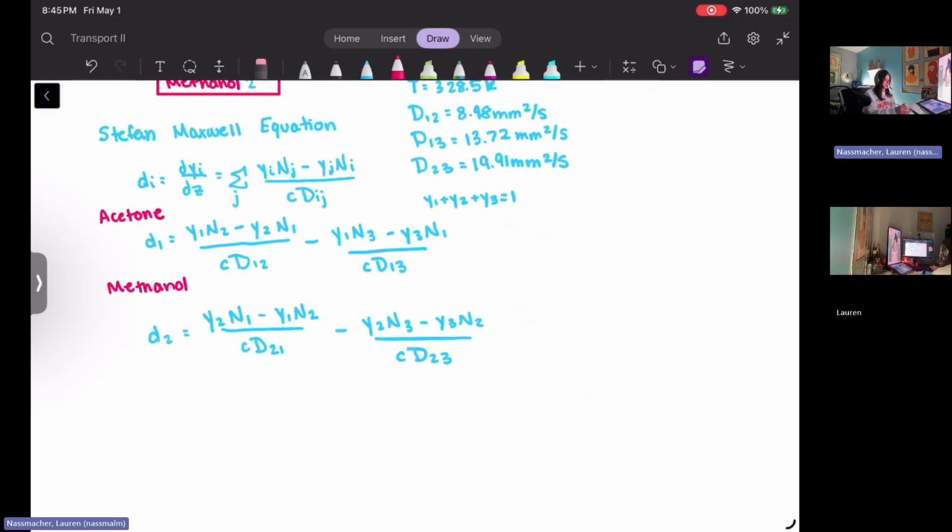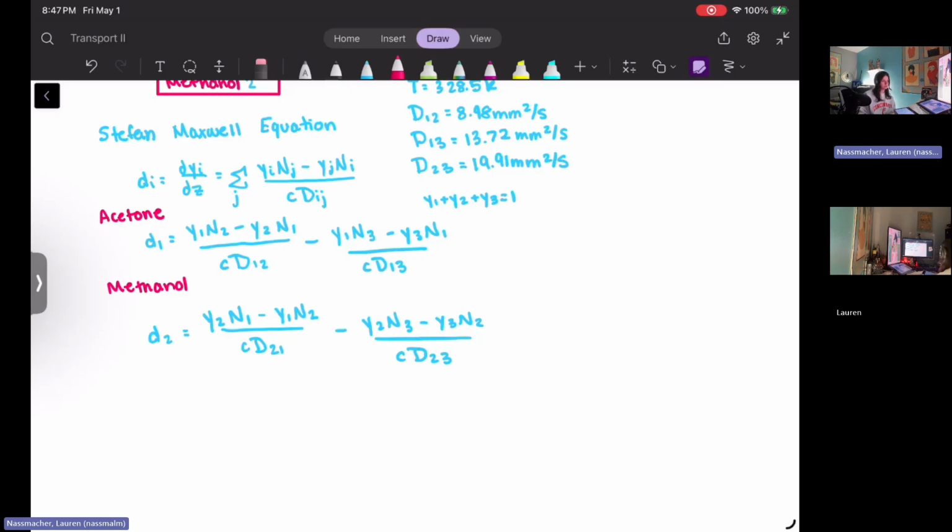You may notice that I'm missing a part of this equation, and that would be that we would add something along the lines of y1 N1 minus y1 N1 again, right? So you'd have it twice, but that's just going to cancel out and become 0, so we don't add that in there. There are a couple variables in the Stefan-Maxwell equations that we have created here that we don't know.